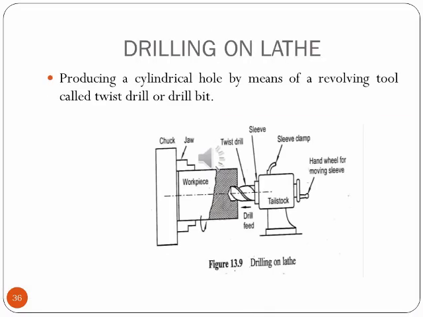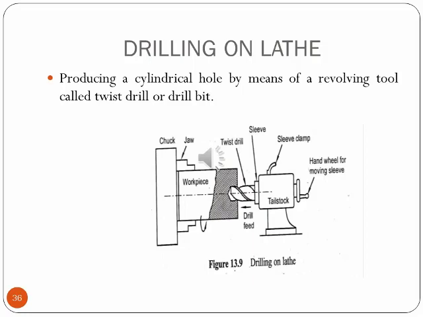So next operation is drilling on a lathe. As you can see, and I had mentioned earlier, the lathe tailstock is used for the process of drilling. So the drill bit is mounted in the lathe's tailstock. Drilling operation for producing a cylindrical hole in a workpiece can be done. It is done by the rotating side of the cutter known as the drill bit.